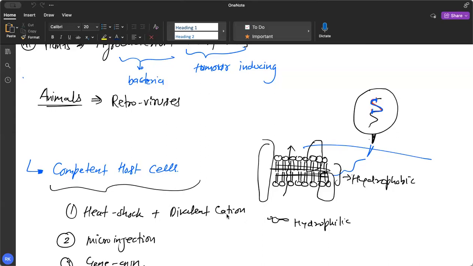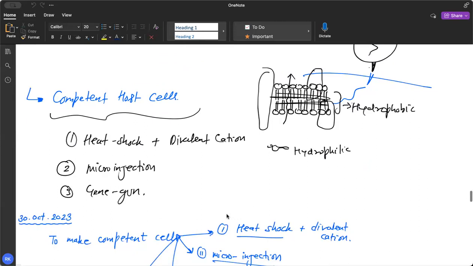Only 1 to 2% of bacteria in their natural environment can take up a foreign DNA. The rest, 98% of bacteria, cannot. And so if we want to use bacteria to clone our gene, then in most cases you have to make them competent.